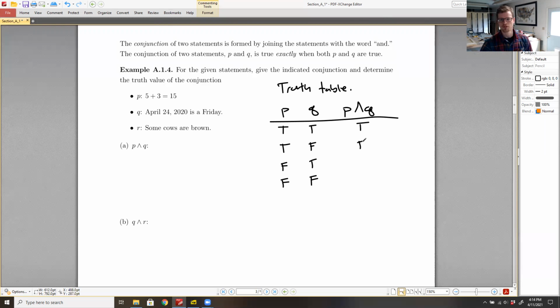No, which means that the conjunction is false. Here one of them is false, so the conjunction is false. Here, at least one of them is false, so the conjunction is false, because it's only true when both of them are true. So this is what we're looking for here.